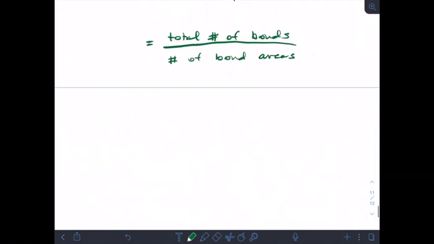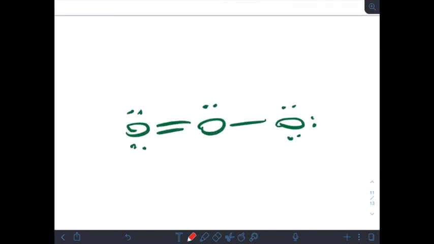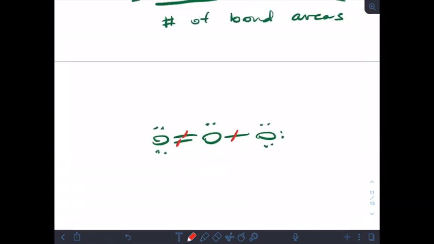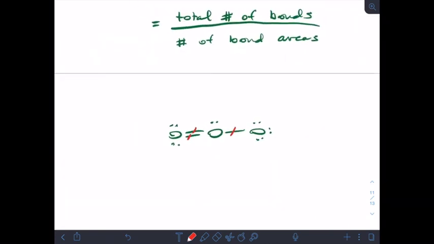Okay, so let's come back and look at our ozone molecule again. If I want to know the total number of bonds, I have 1, 2, 3 bonds. 3 bonds.